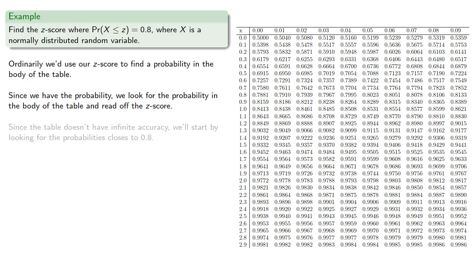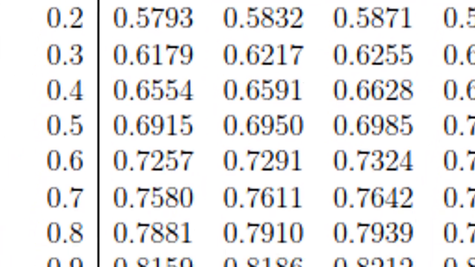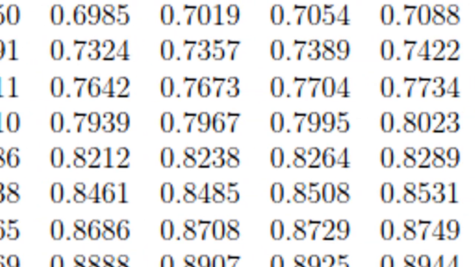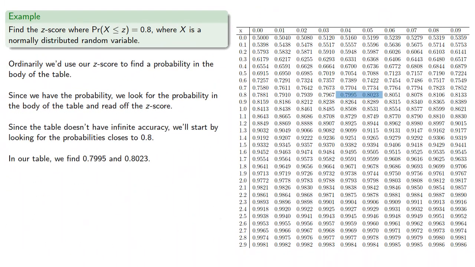Since the table doesn't have infinite accuracy, we'll start by looking for the probabilities closest to 0.8. In our table, we find 0.7995 and 0.8023.